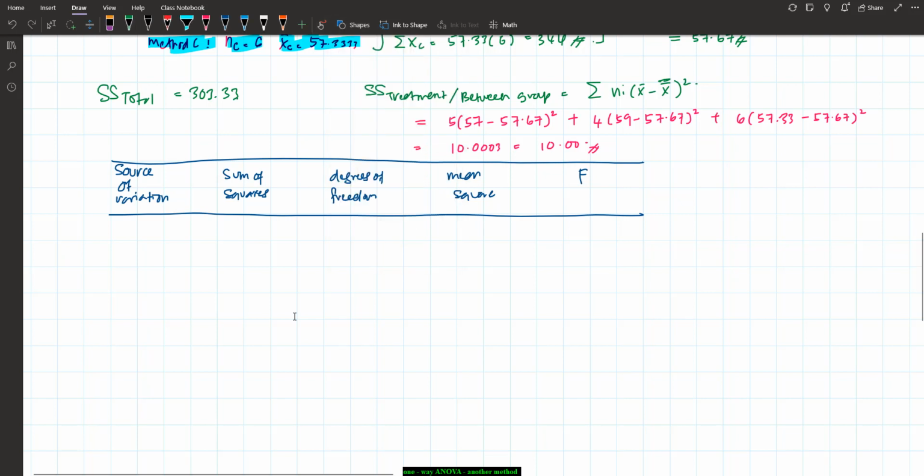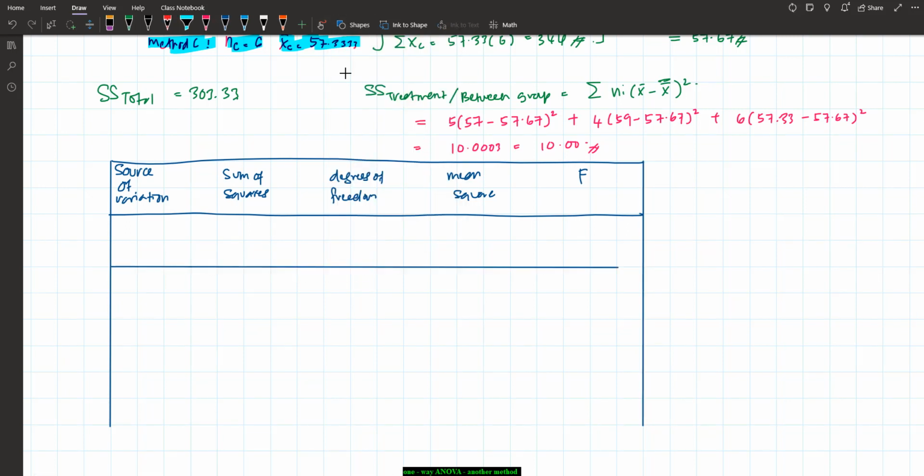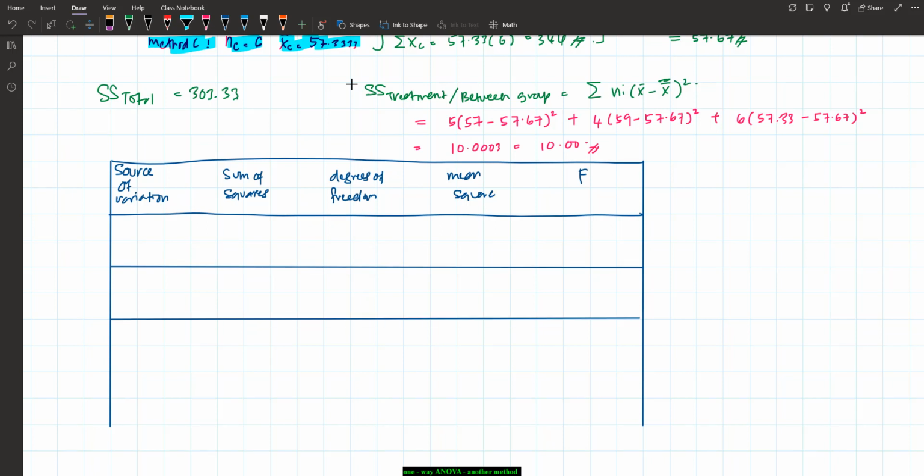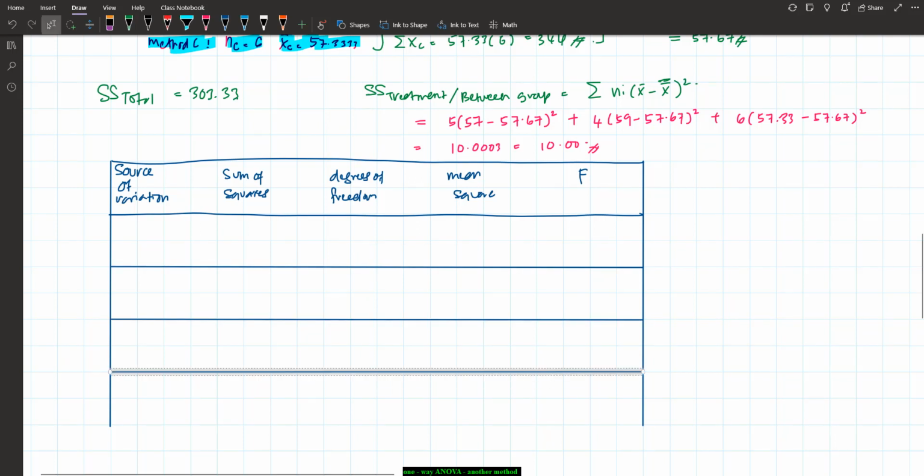Wait, let me use the shape. Alright, so the first one is treatment, or this one is also known as between group, right?